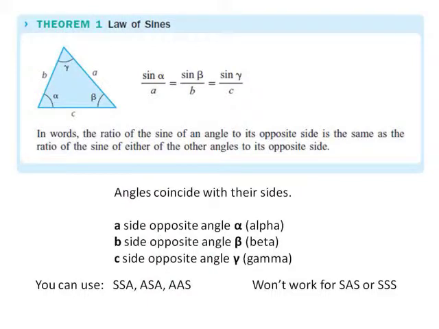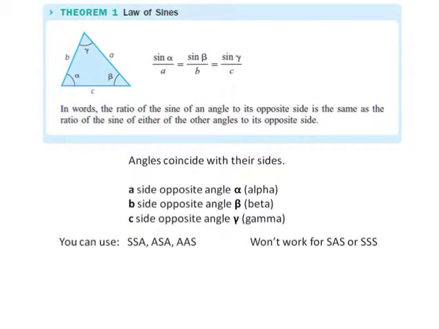Okay, now for theorems. Let me bring this down a little bit so we can see it. For the theorem, the law of sines just says that sine alpha over A is equal to the sine of beta over B, which is equal to the sine of gamma over C. Remember that the angles coincide with their sides.